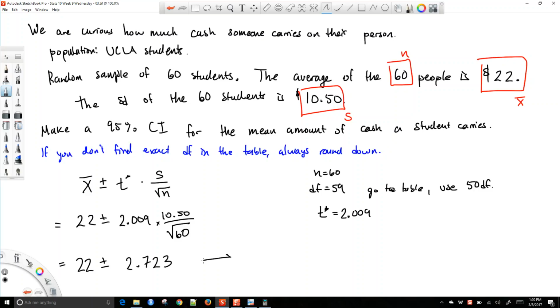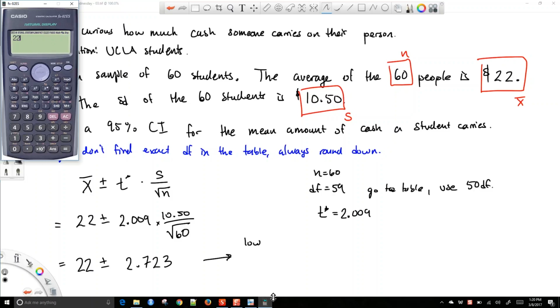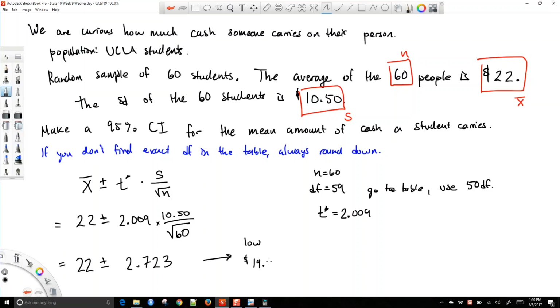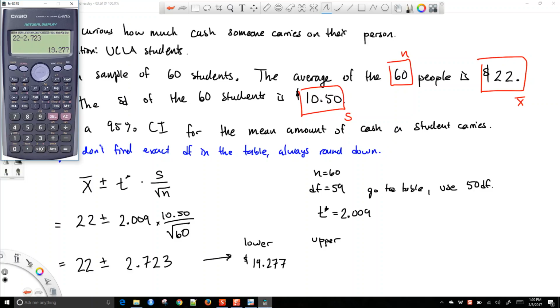Right. So this says on my lower bound I have 22 minus 2.723, 19.277. And my upper bound, I'm going to have 24.723.